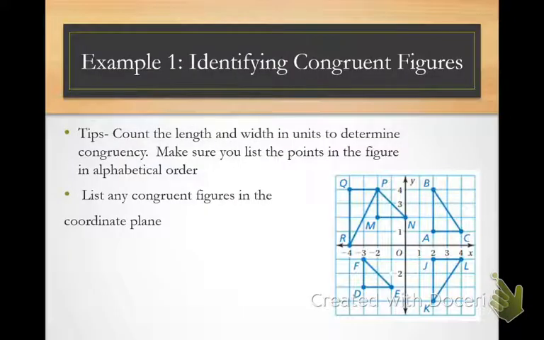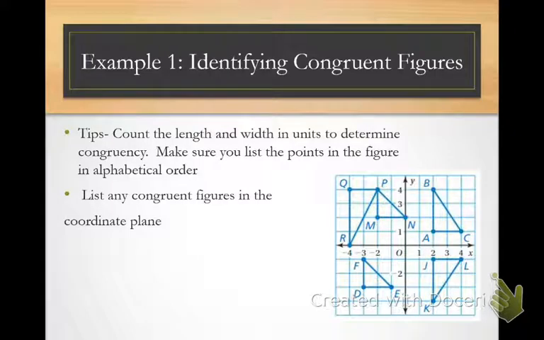So in example 1, I have a lot of triangles here, and I'm trying to figure out which triangles are congruent. One thing that's important when I'm naming these triangles is I need to name them in alphabetical order. So let's first start off by just picking out the triangles here.